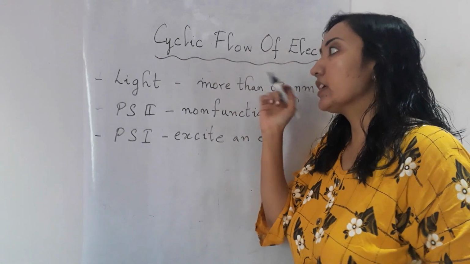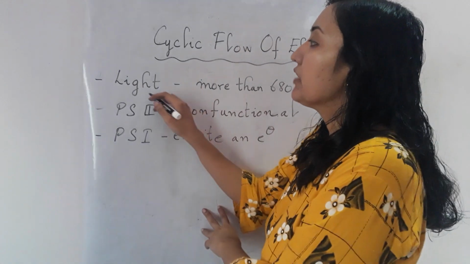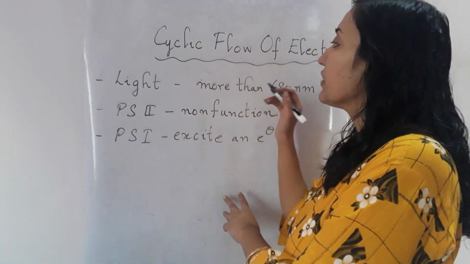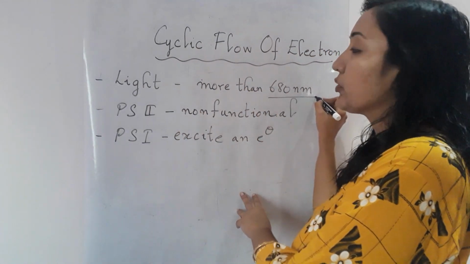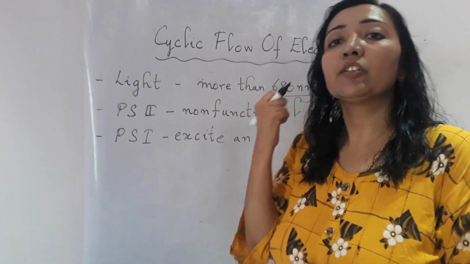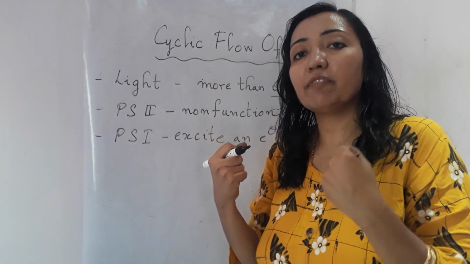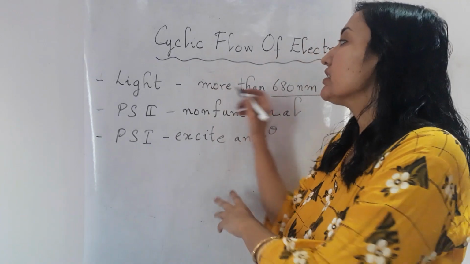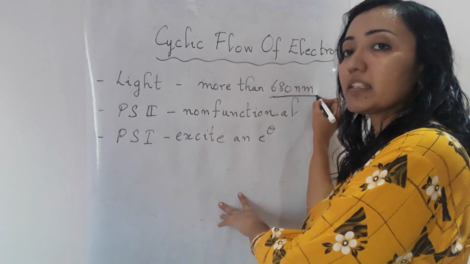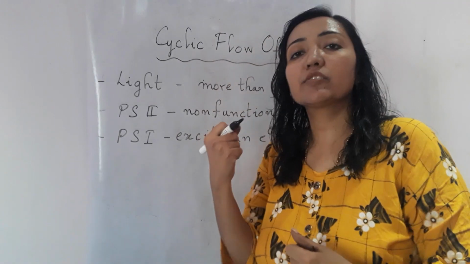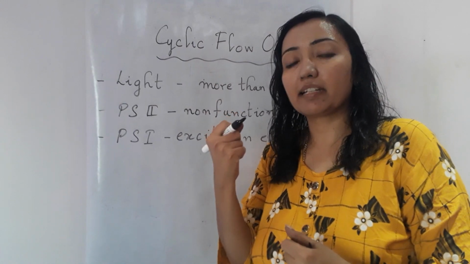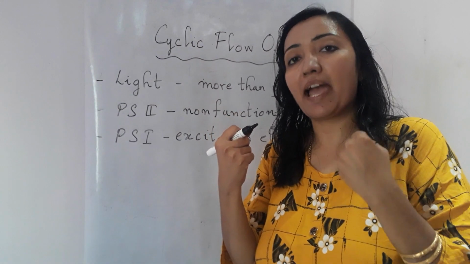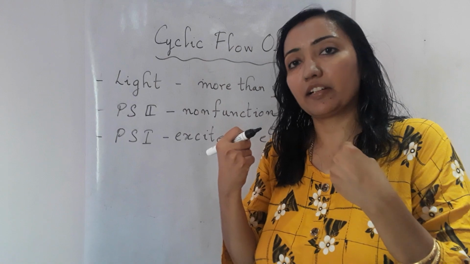In cyclic flow of electrons, if light has a wavelength of more than 680 nanometer, PS2 will be non-functional, but PS1 will become active and it will release an electron.